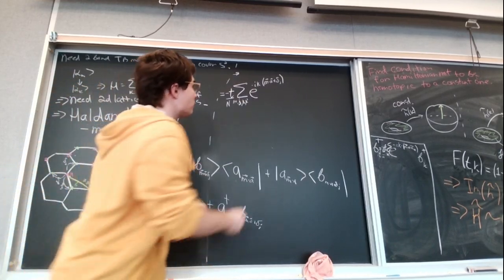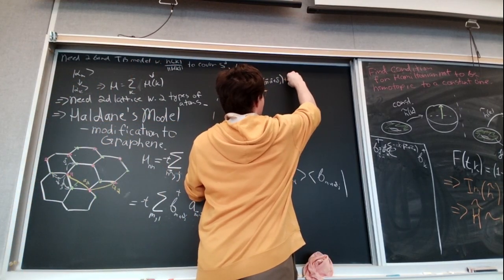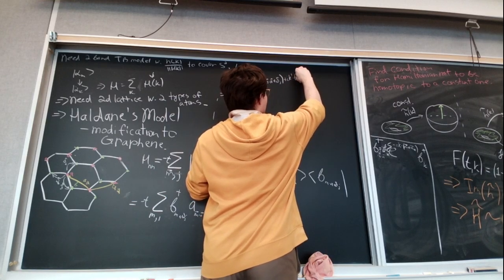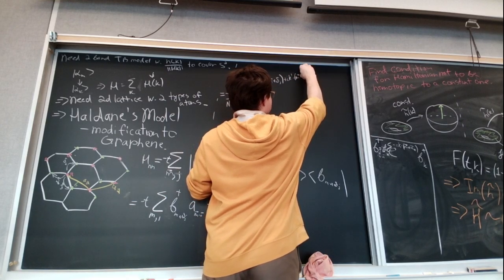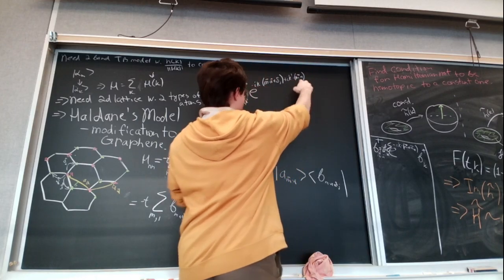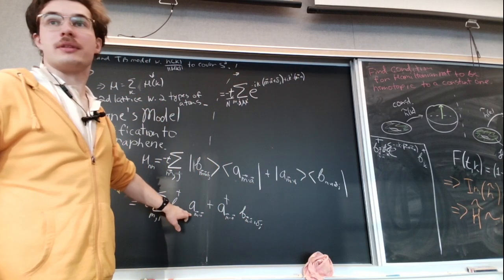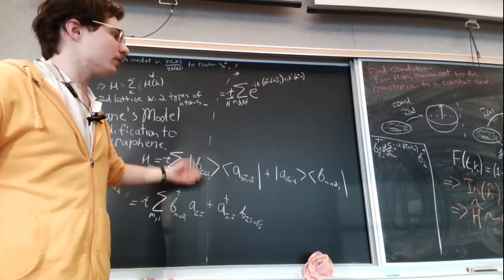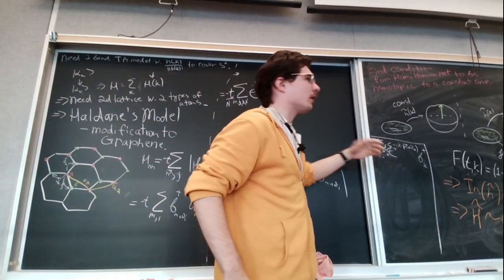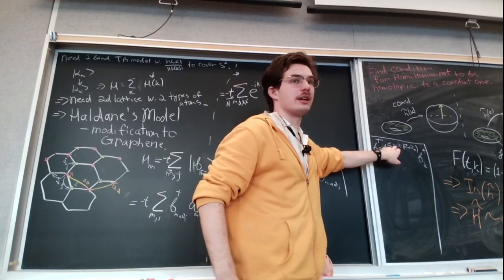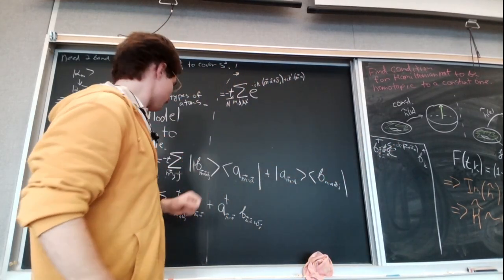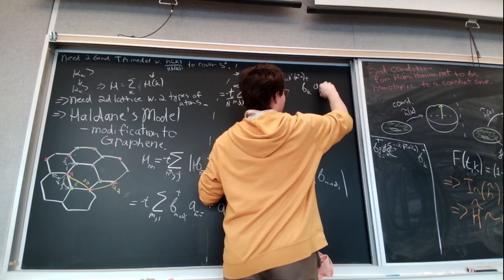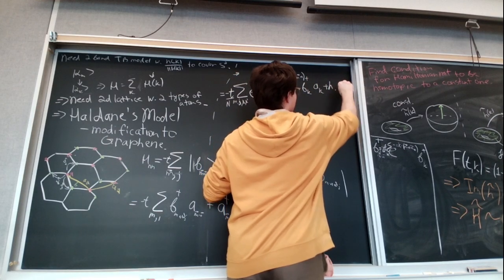And then I get plus i k prime dot m dot a, because this is the factor from the A, which is not a dagger, so it doesn't have the minus. So that's right. And then I'm left with B dagger k, A k, and then plus Hermitian conjugate.